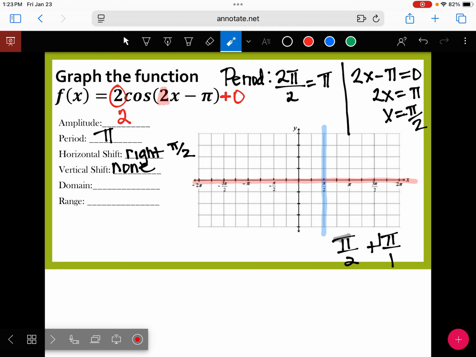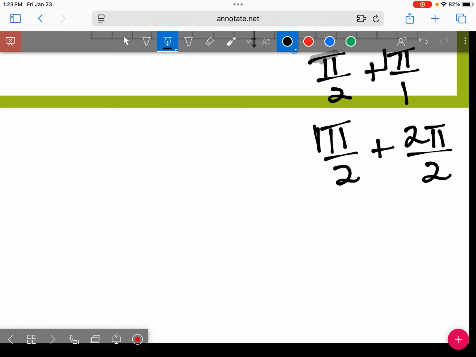Then that would be pi over 2 plus 2 pi over 2. Let me put my invisible one right here. And what do you get when you add pi over 2 and 2 pi over 2? 3 pi over 2. That's my end. That's the mathematical way.